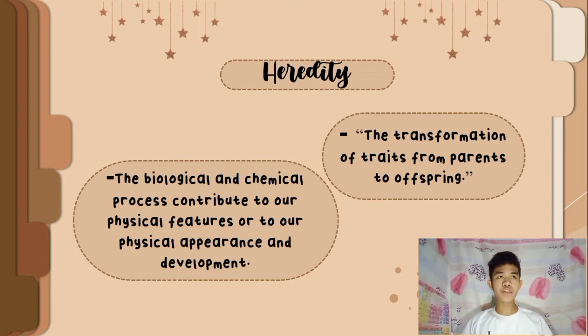Next is heredity. Heredity is the transmission of traits from parents to offspring. It is the biological and chemical process that contributes to our physical features, our physical appearance and development. Have you noticed that some of your physical features or characteristics came from your father or your mother? For example, you have black hair, your mother has black hair, and your father has blonde hair.